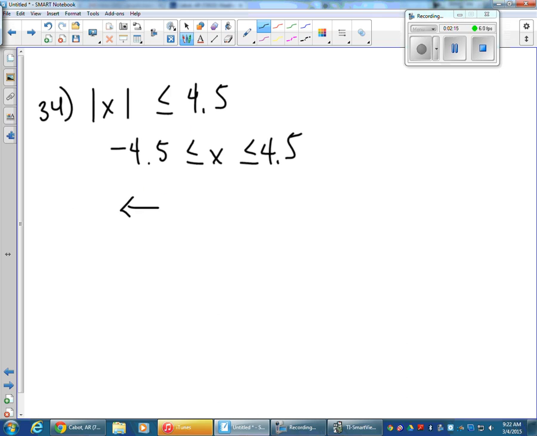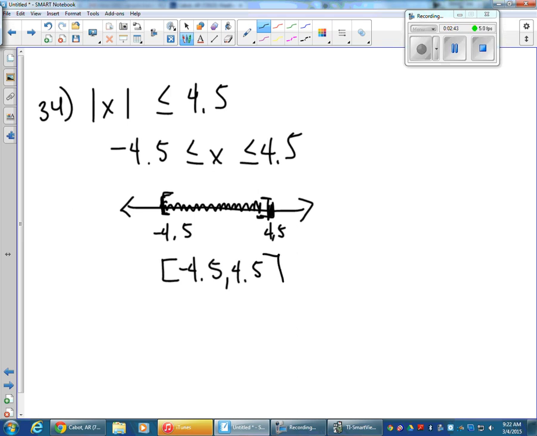To graph that, at -4.5 I'm going to put a bracket because it's less than or equal to, so it can equal that number. At +4.5, I'm going to put a bracket because it can equal that number. Then I shade between them. In interval notation, that's from bracket -4.5 to +4.5, both with brackets.